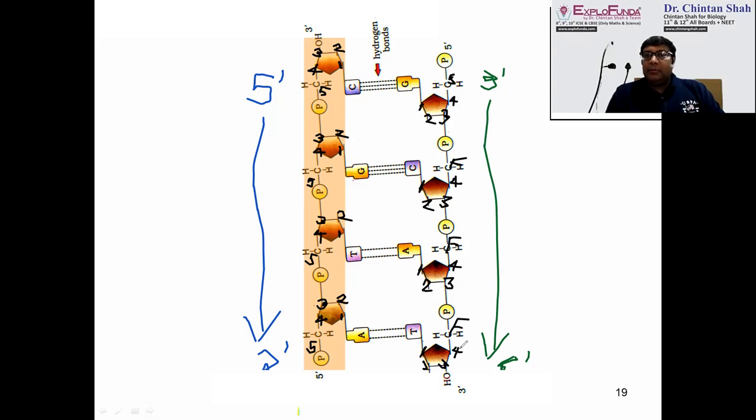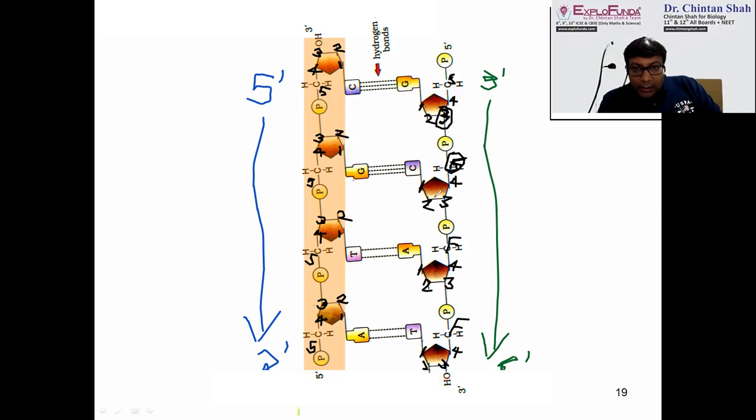Perfect? Yes. Now, first nucleotide's third carbon combined with next nucleotide's fifth carbon. Can you get it? First nucleotide's third carbon, that is this one, is combining with next nucleotide's fifth carbon.